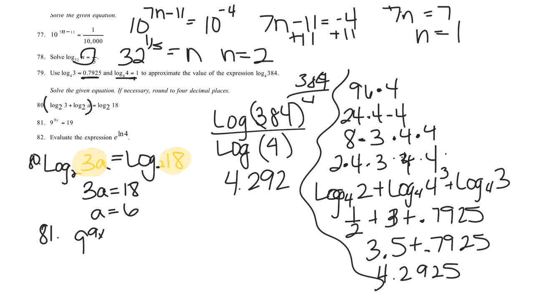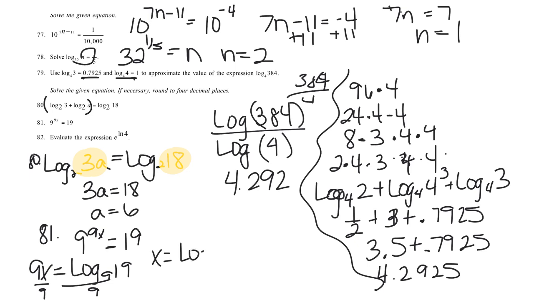9 to the 9x equals 19. So I'm going to rewrite this as 9x equals the log base 9 of 19, and then I just want to do that part in my calculator. We can divide by 9. X equals the log base 9 of 19 over 9.